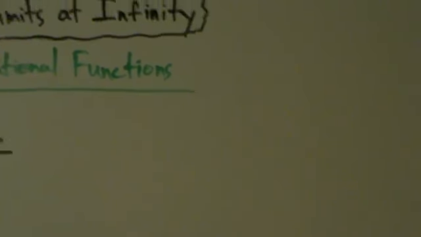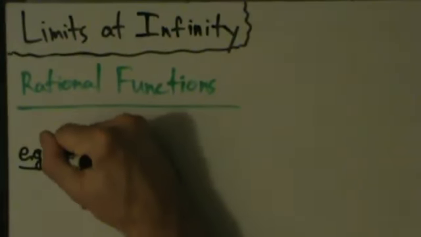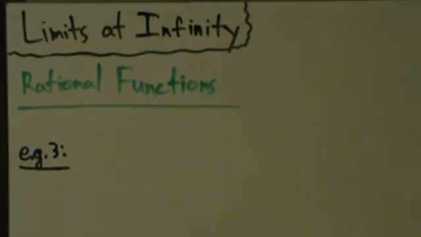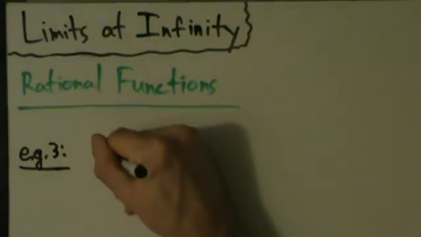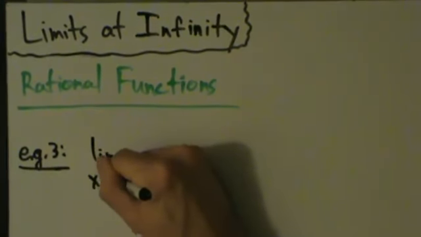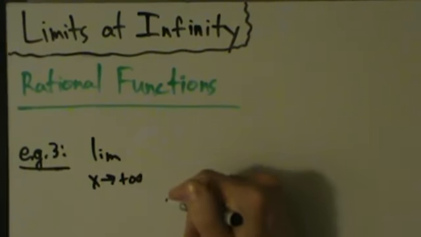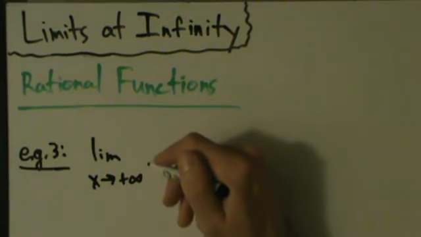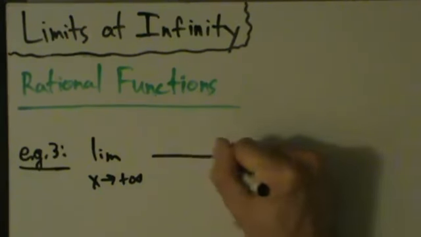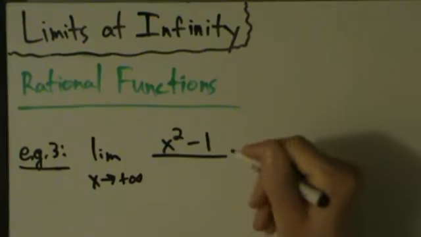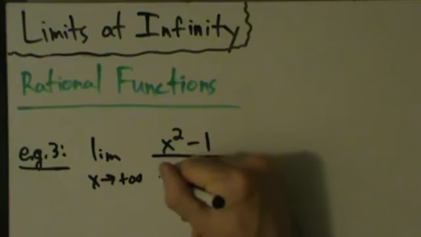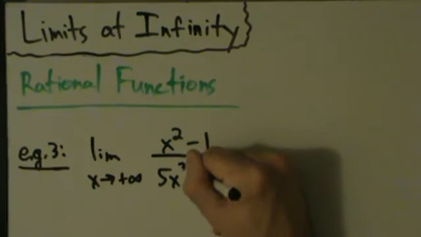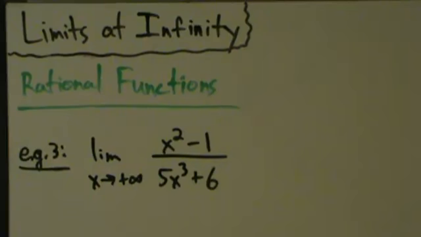But for now, let's do example 3, which is the limit as x goes to positive infinity of (x squared minus 1) divided by (5x cubed plus 6).